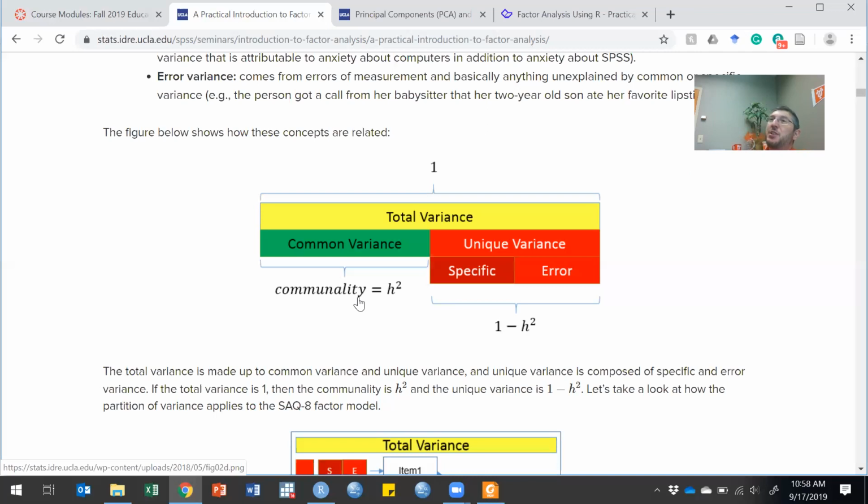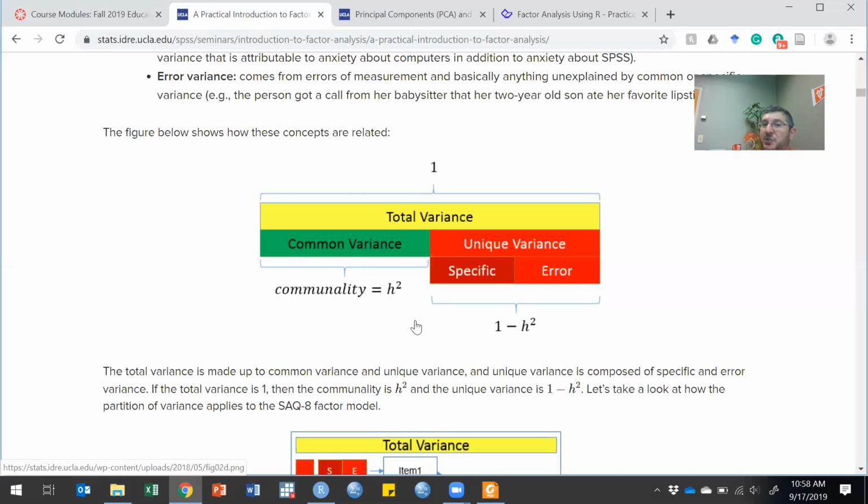So, typically we do this two different ways. One way is what they do in principal component analysis, which assumes all the variance is common variance. The communalities, that's what we call the common variance, and the remainder is called the unique variance.